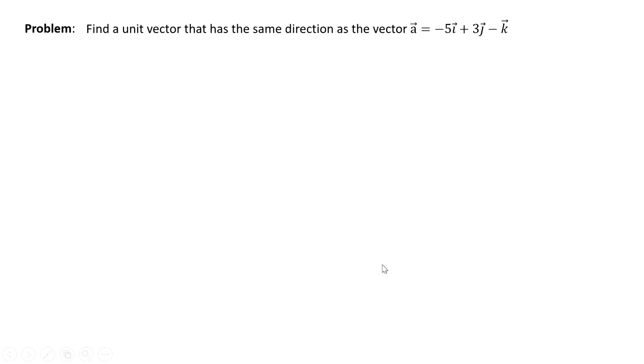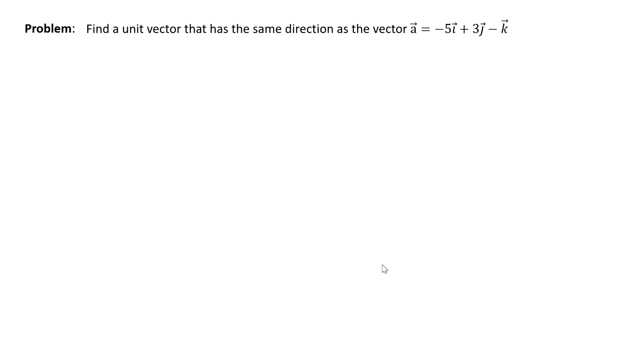Find a unit vector that has the same direction as the vector A. Ooh. Unit vector. What's a unit vector? It's a vector that has a magnitude of 1.